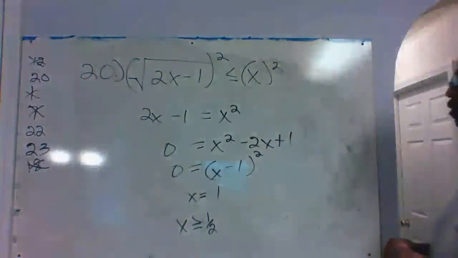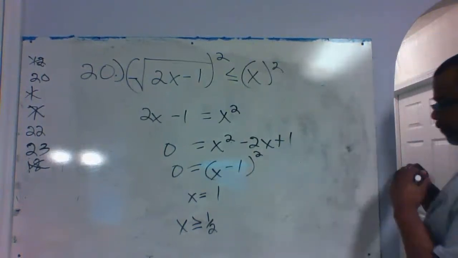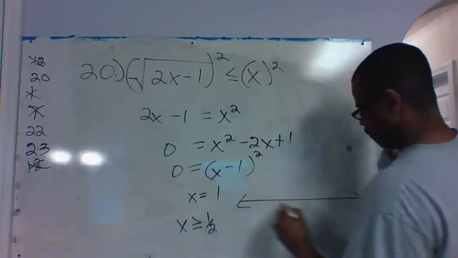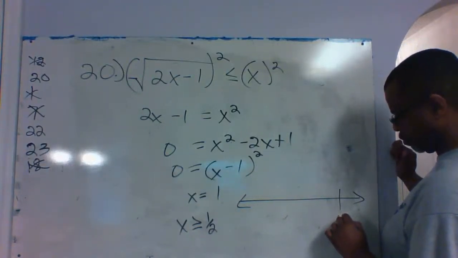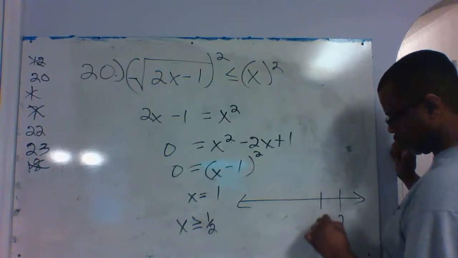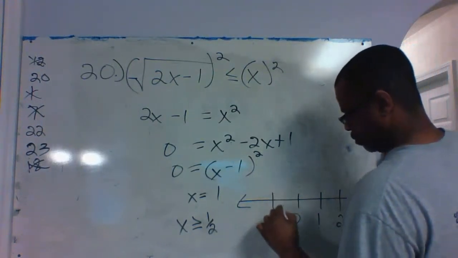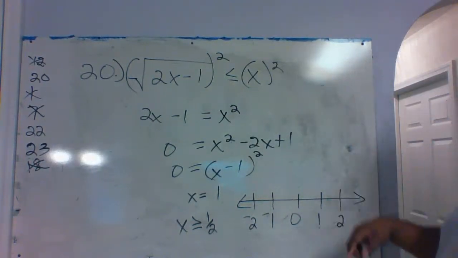Okay. All right. So what we have to do now is do that old number line. So we can use 2, 1, 0, -1, -2, because we only got small numbers here.